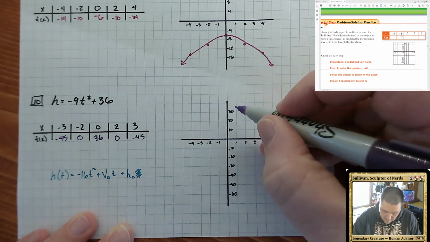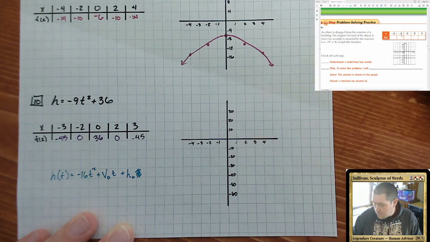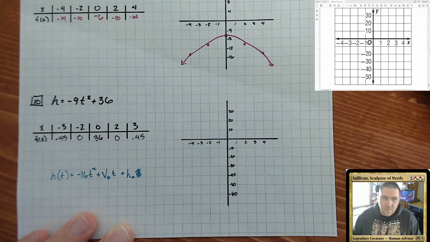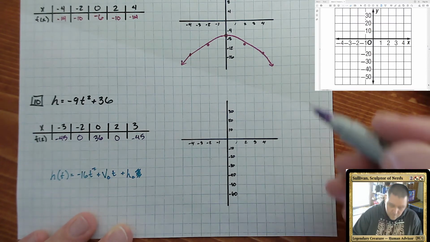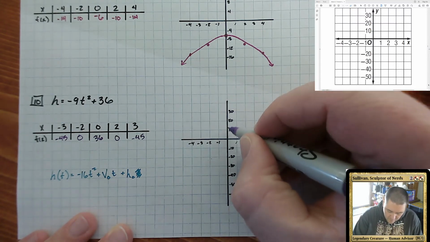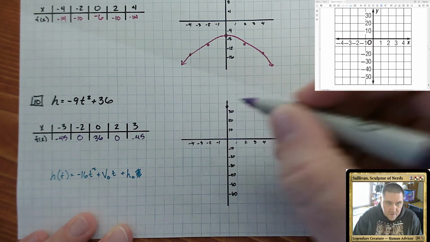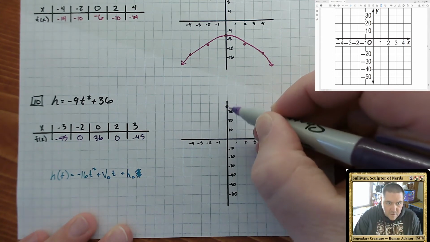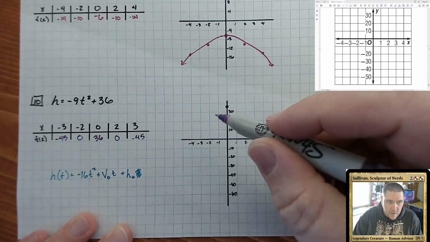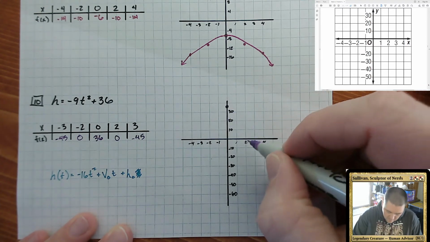So look at that honkin' scale. Okay, the scale of your graph is going by 10, so you're going to have to ballpark this. At 0, 36, imagine 6 or 10 little dots in between there. At 2, 0, okay, that one I can do.